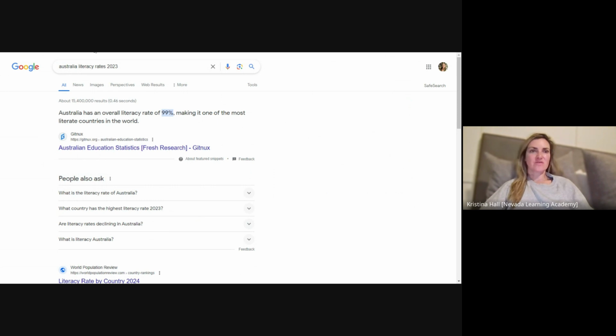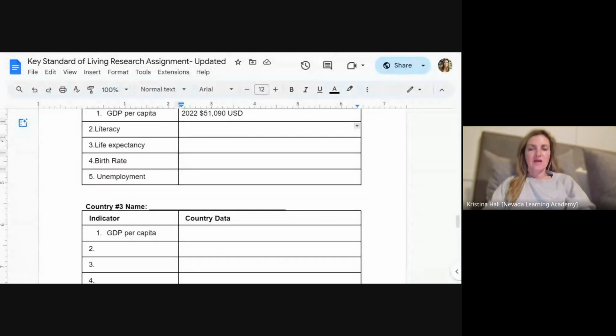Okay, 99%. So in 2023, pretty much everybody can read. It's about as high as you can get. It's hard to be at 100%. 99% literacy. So that means reading and writing at, like, high school level, okay, to be literate.